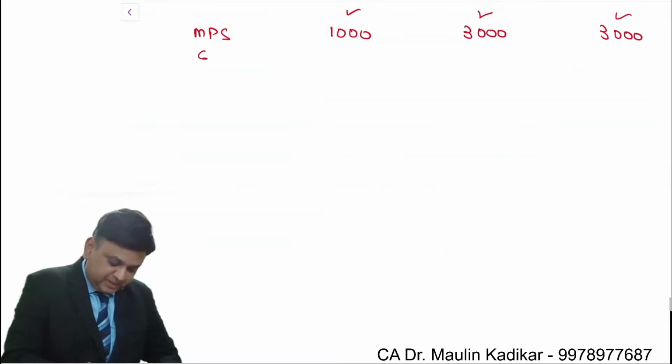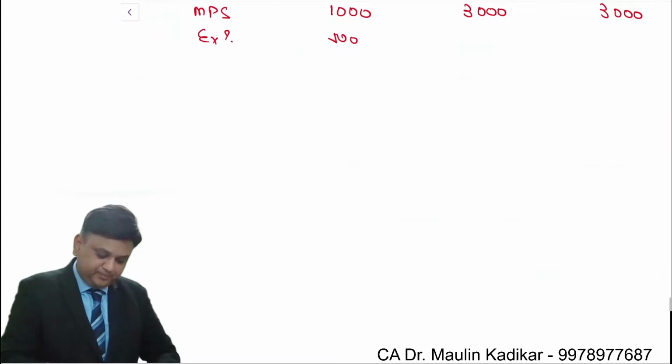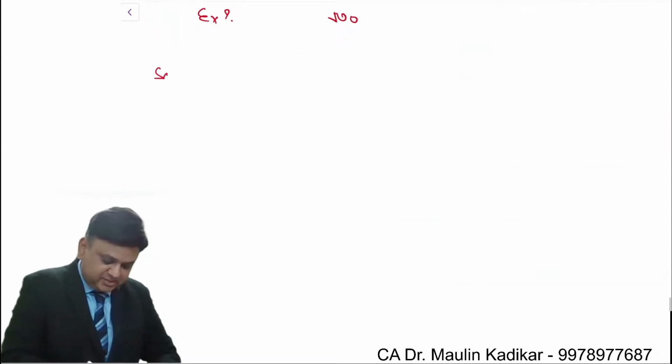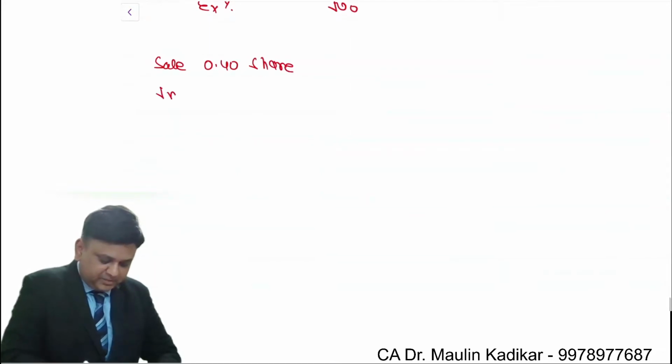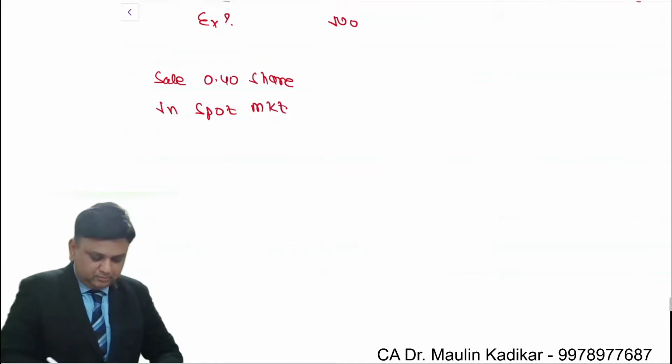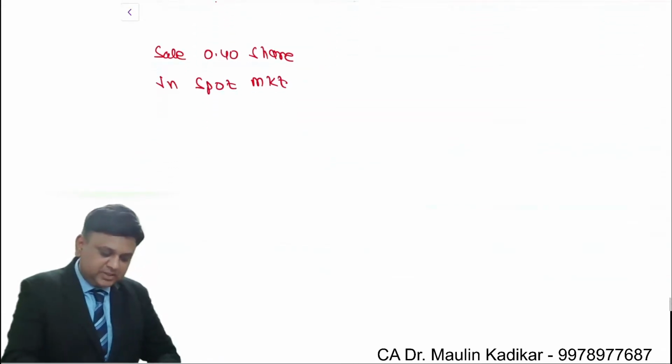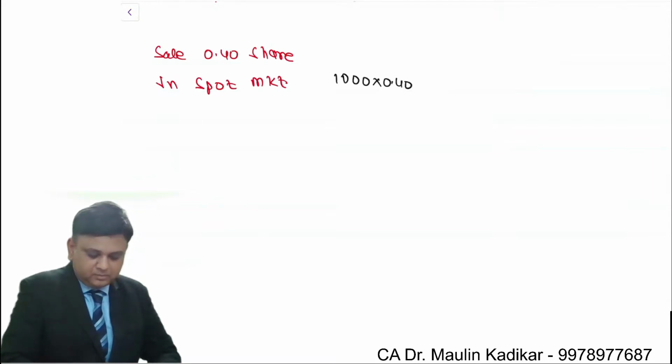Whether he will exercise his right, the answer is no. In that case, sell 0.4 share in the spot market. So it is 1000 into 0.4. That comes to 400.